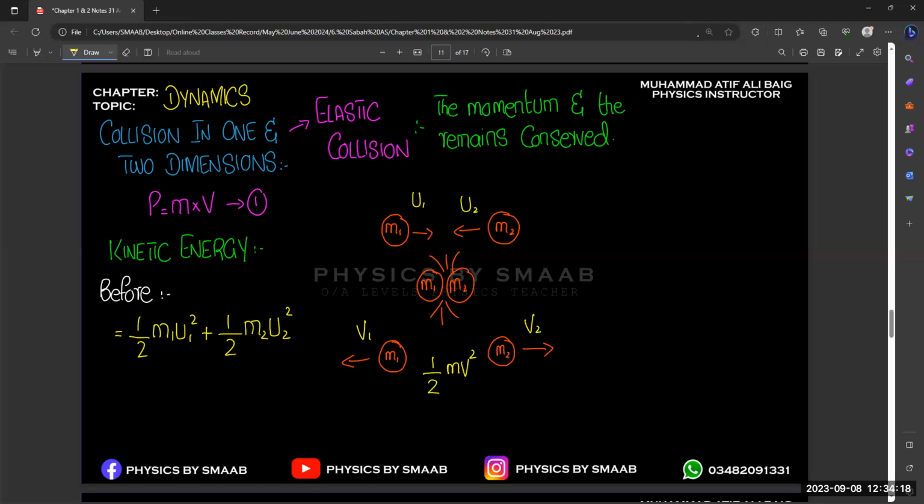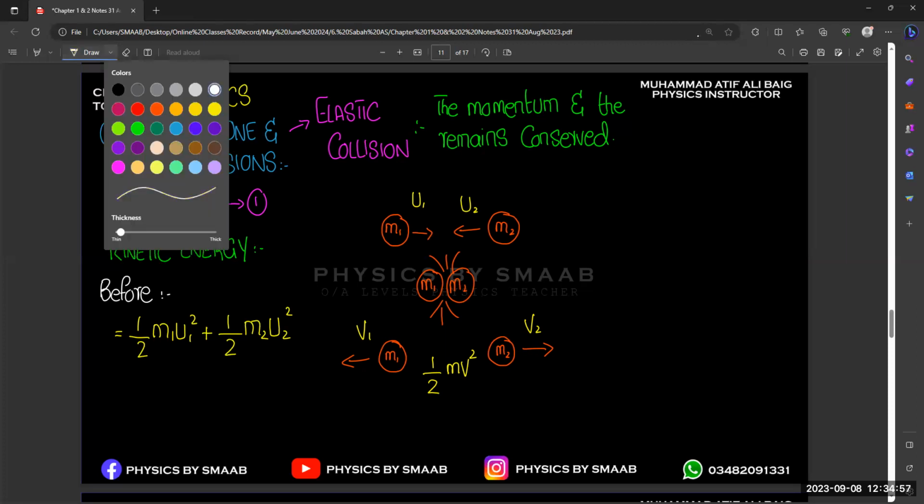Because we know that the formula for kinetic energy is half mv square, that's why we apply the same formula on both bodies before collision. The concept from this chapter is that the kinetic energy also remains conserved. So the kinetic energy before and after is the same. That is the sum of kinetic energy of individual bodies.